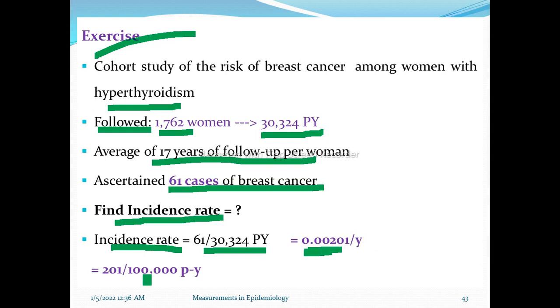Or we can explain it as 201 per 100,000 person-years, after rounding. So we can calculate this way.